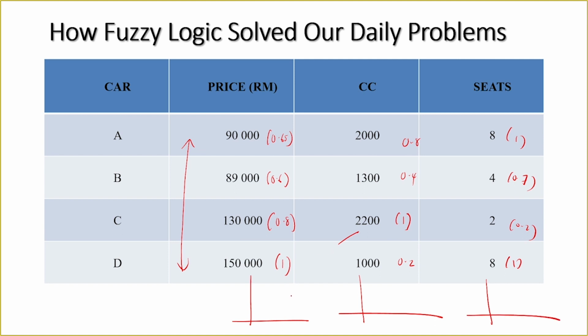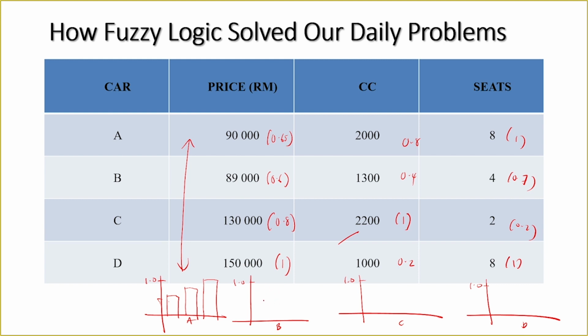Same as the job one. So A, B, C, D. Let's talk about A. A is 0.65, approximate. So 0.8 over here, 1 over here, guys.